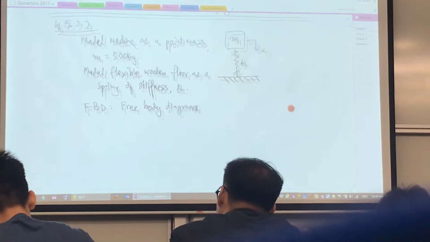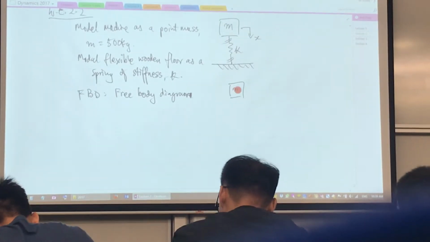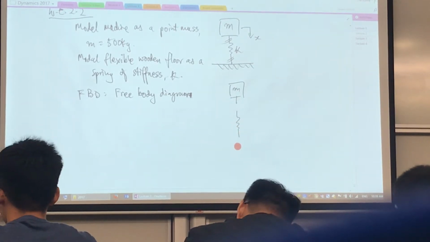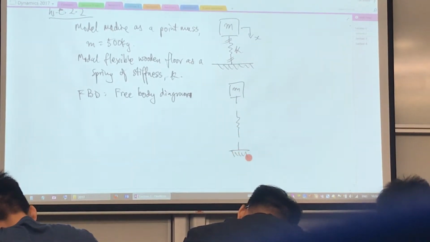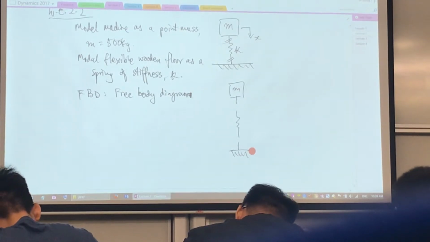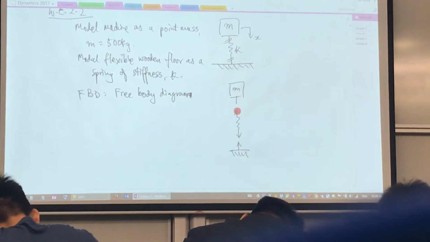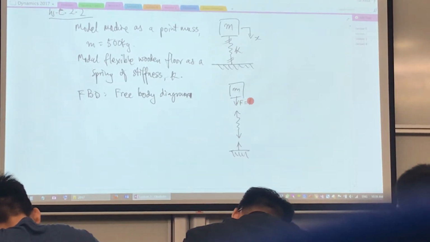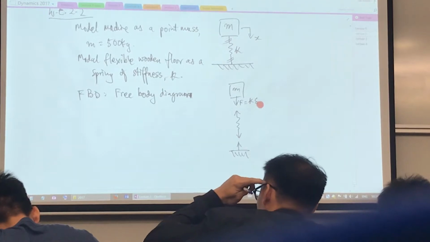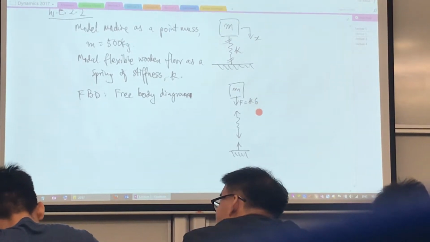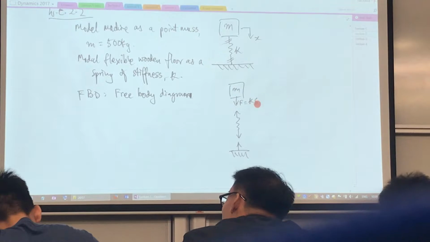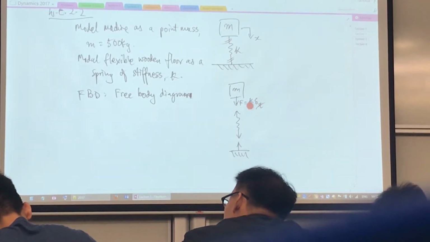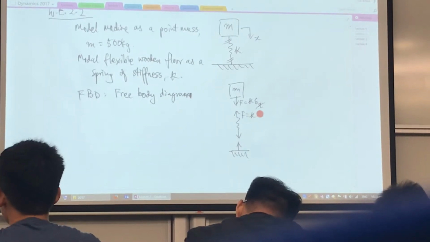Cut that spring. So what you're going to have is the mass, and the spring has been cut in that way. The spring force that you experience is F equal to K, and I'm going to drop that static delta, the delta static displacement, the ST part, because it's tiring to write so many times.